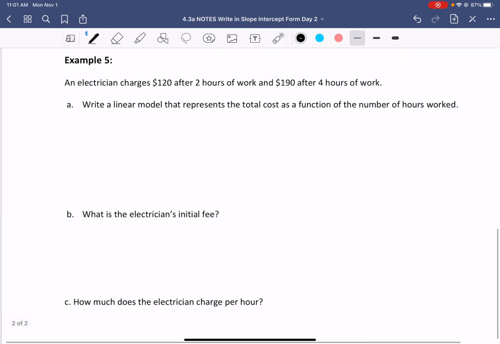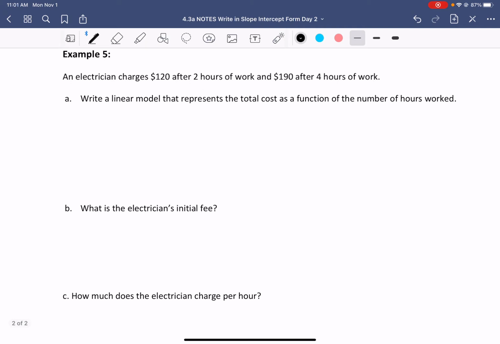Example 5: an electrician charges $120 after 2 hours and $190 after 4 hours. Write a linear model that represents the total cost as a function of the number of hours worked. When they ask you to write a linear model and it gives you data like this, you must write the data into ordered pairs.